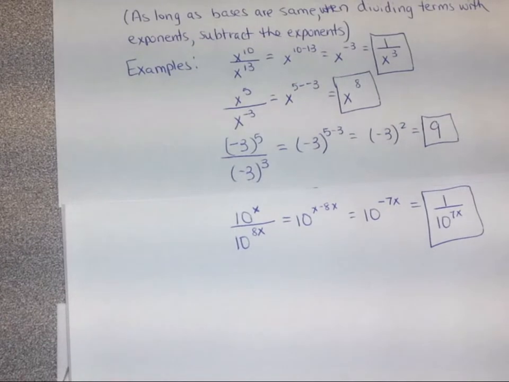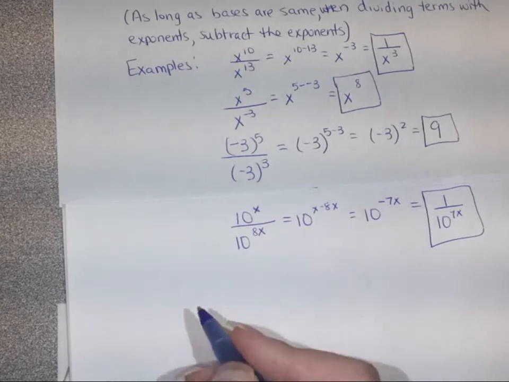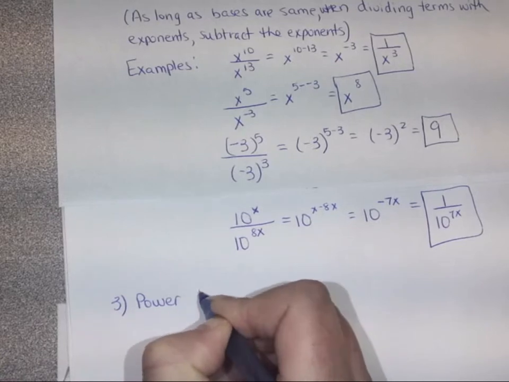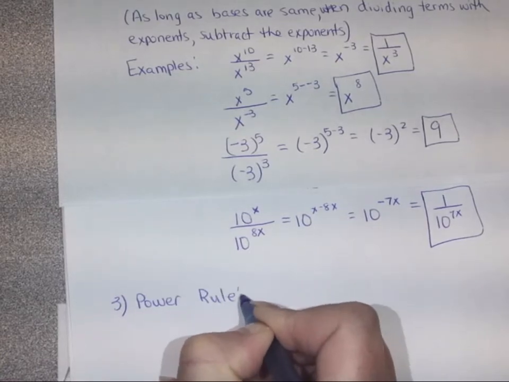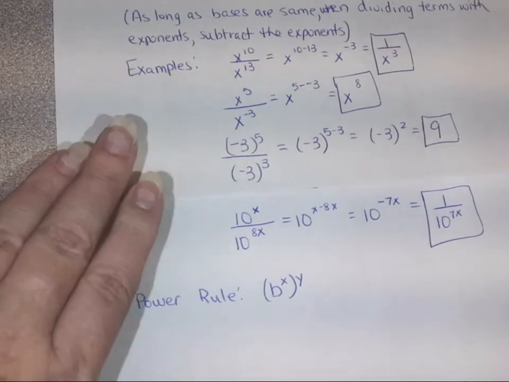Okay, so just like we don't leave 2/4 as our answer, we reduce it to 1/2, I want you to reduce negative exponent answers to positive fractions. Okay, so fractions with positive exponents. All right, so there is product rule, quotient rule, and then the third rule is power rule. So this is for when you have an exponent being raised to a second power.